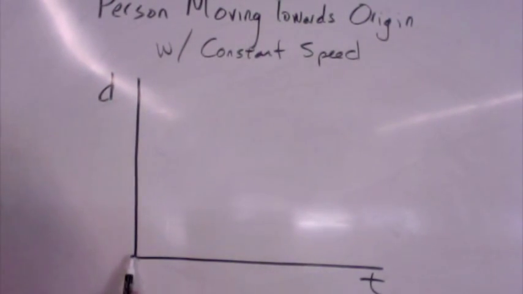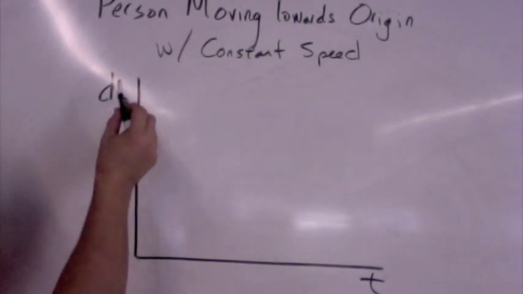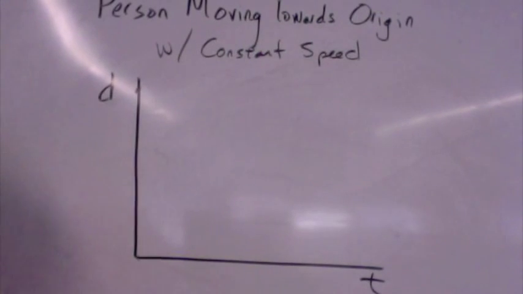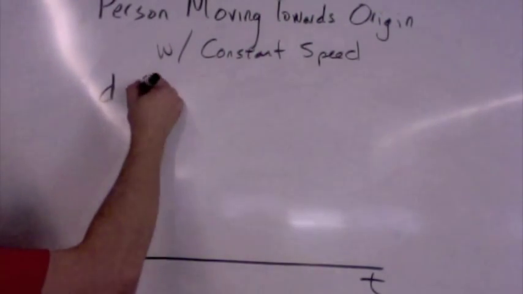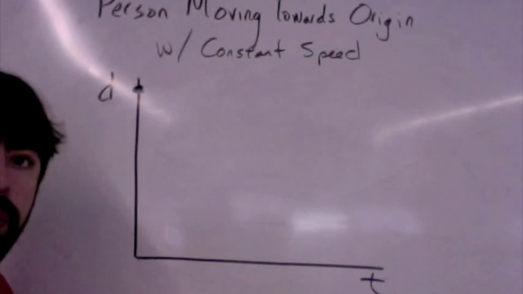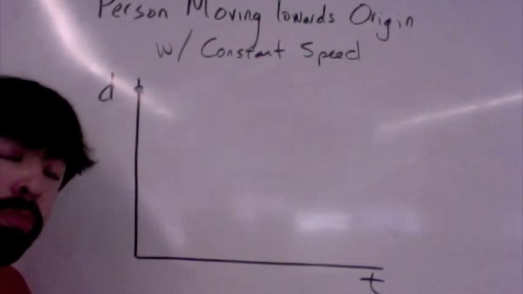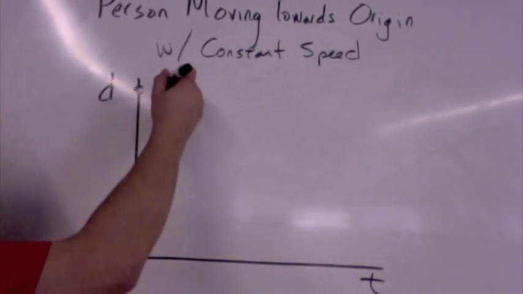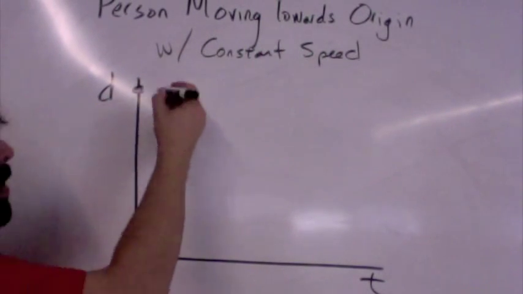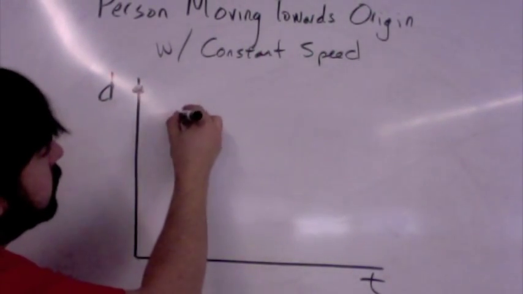If you're away from the origin, where are you going to be on the y? You're going to be somewhere up away. So let's say you start here. That's your starting position. Where are you going to be after a little bit of time? Well, if you're moving towards the origin, you're going to be a little bit further down. You're going to be maybe here.